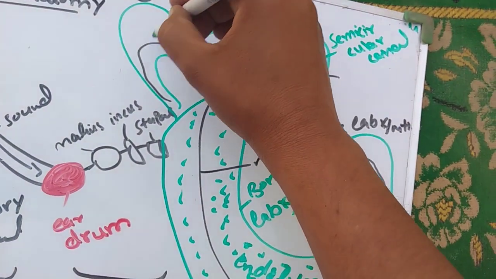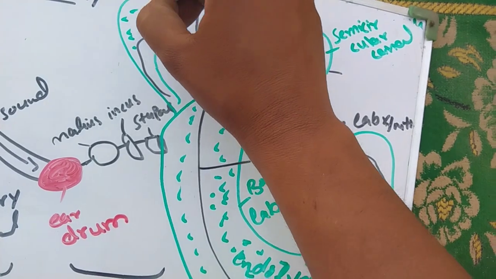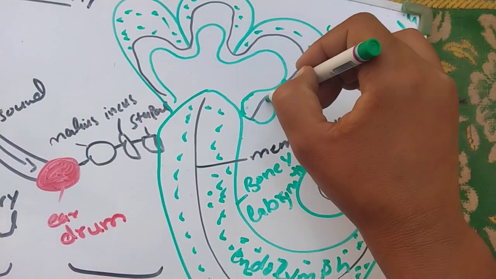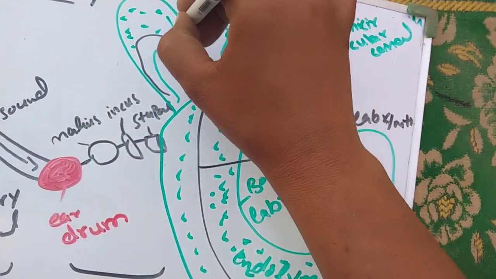Like this, the fluid present inside the semicircular canals is called endolymph, and the fluid present outside the semicircular canals is called perilymph.